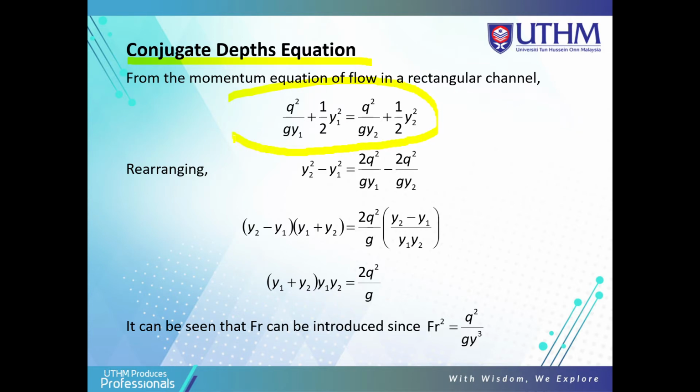Rearranging this, we get what is called the conjugate depth. So this is to find the y1 and y2, using q, and this is using the Froude number to get the state of jump, the types of jump here.